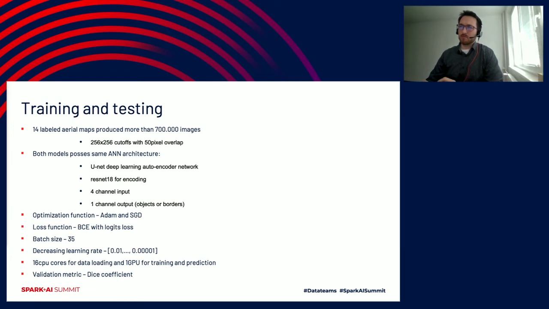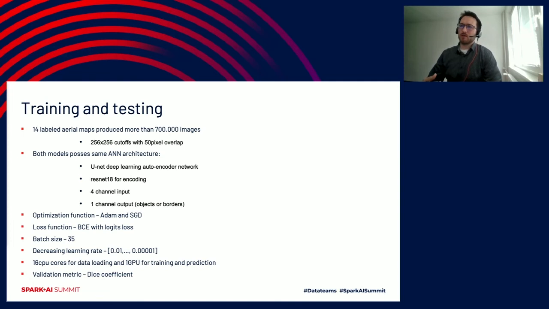By making use of smaller cutoffs with some 50 pixel overlaps, we were able to produce more than 700,000 images. Not all of them were used for training. Because of the cross-validation technique, we always mix them randomly and use part of them for training and part of them for testing.